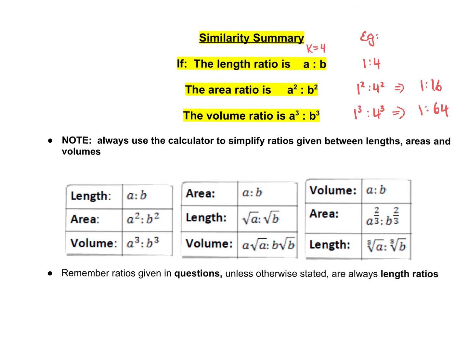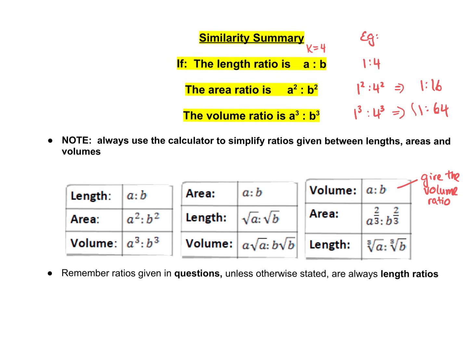Okay, sometimes they might give you some questions where they actually give you the volume ratio, and you need to go back. If you want to go back, you do the cubic root.